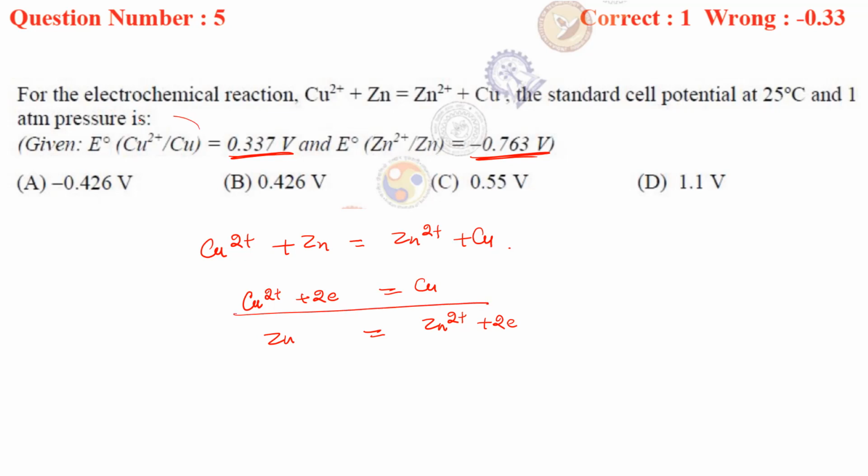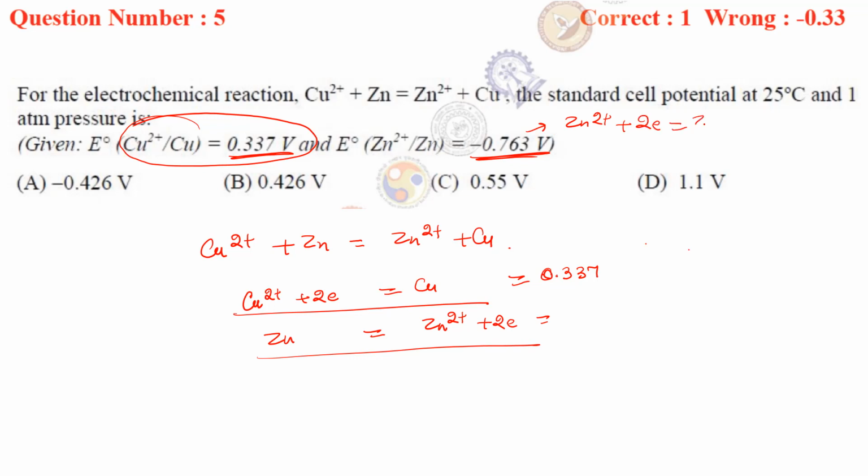For the first equation, the reduction potential is given as 0.337. For the second, it is given as minus 0.760, but since that potential is given for the reduction equation and here the reaction is reversed, the sign changes.